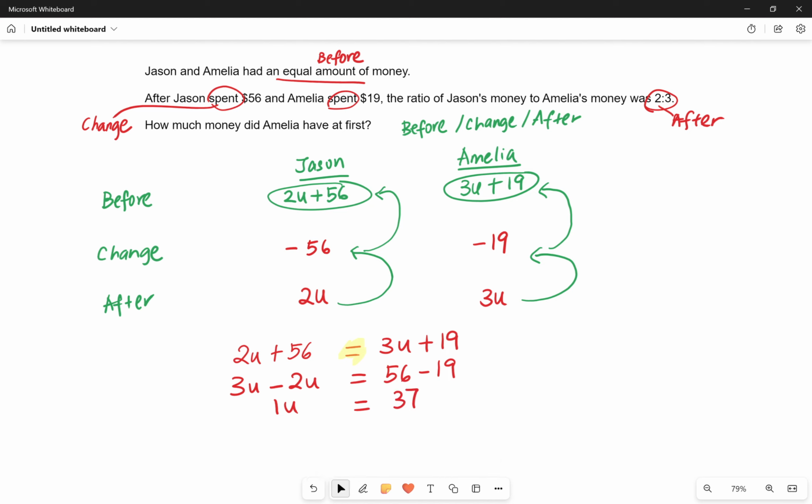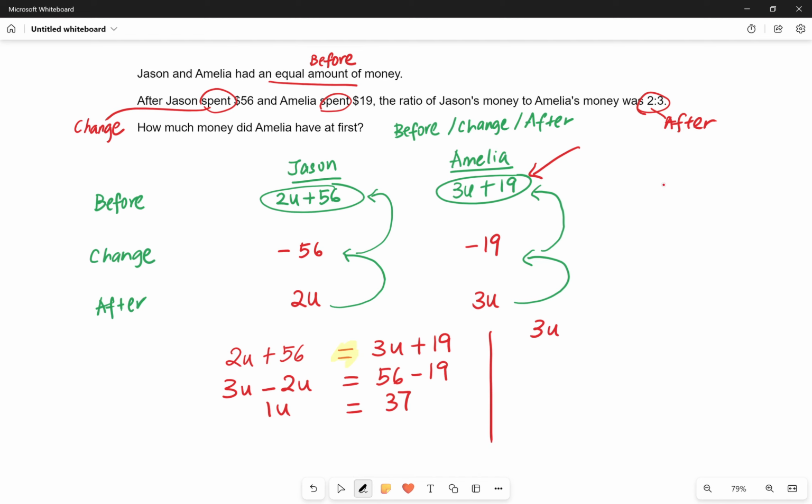Now since we know 1U equals 37, the question wants us to find out how much money Amelia had at first, so we are looking at this amount. Amelia has 3U plus 19 at first. Therefore, putting 1 unit equals $37 into the equation, 3 times 37 plus 19.